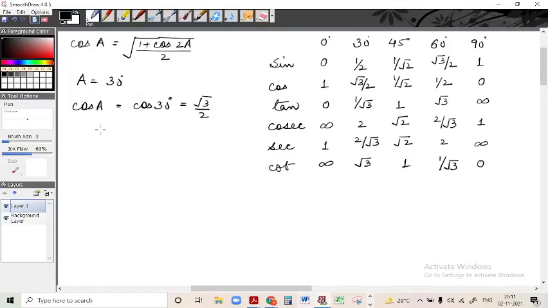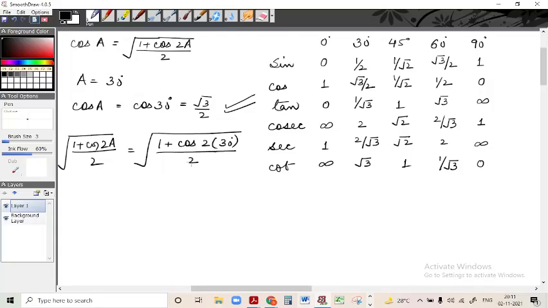Now come to under root of (1 plus cos of 2A) by 2, which equals under root of (1 plus cos of 2 into 30 degrees) by 2, which equals under root of (1 plus cos of 60) by 2.